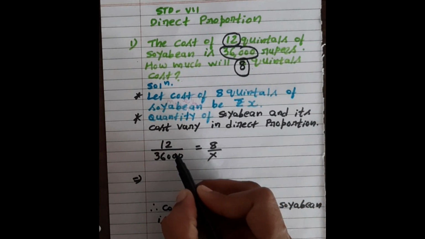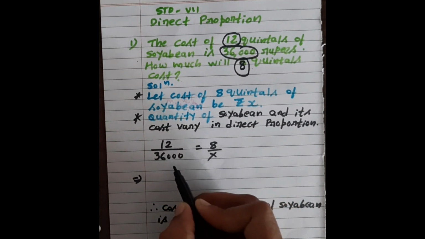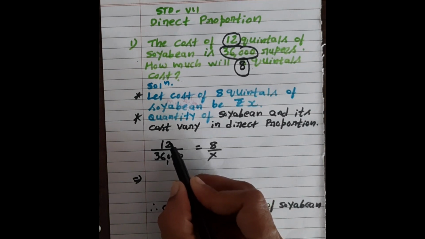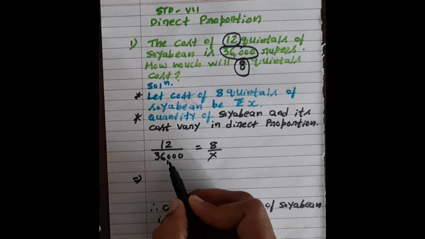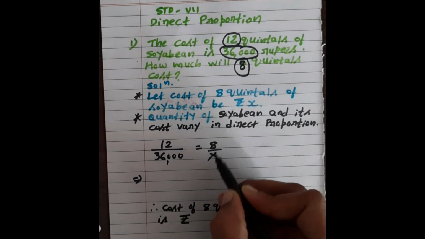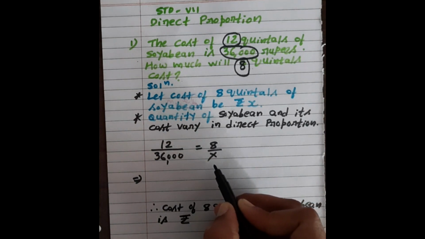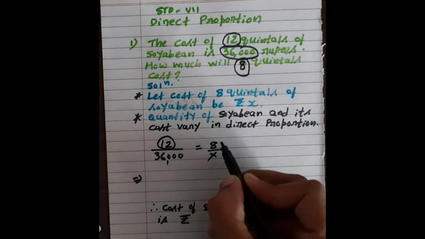Okay. And this is in the form of direct proportion because 12 quintals soybean cost is 36,000 rupees. So 12 is more than 8. So when we are finding this for 8 quintals soybean, that time the answer will come less, because here 12 is more than 8.